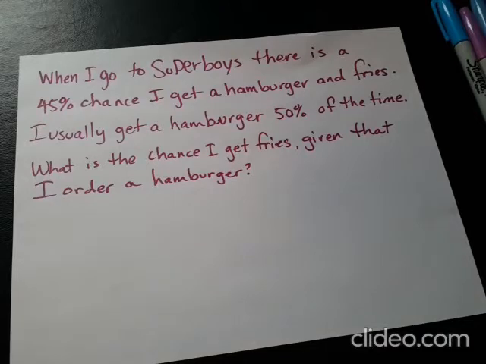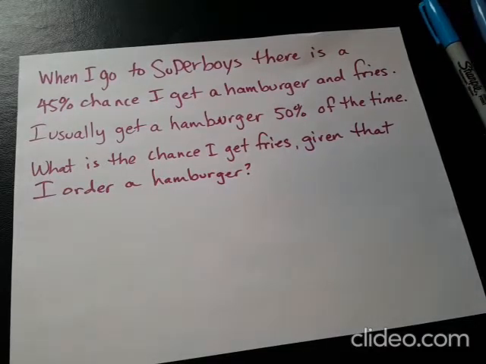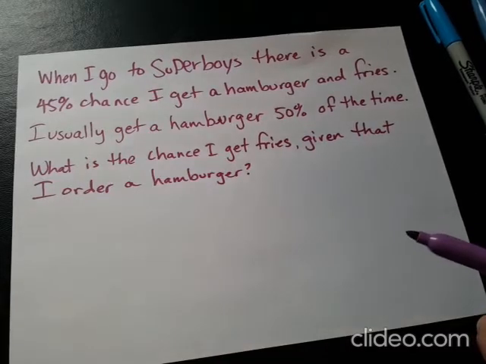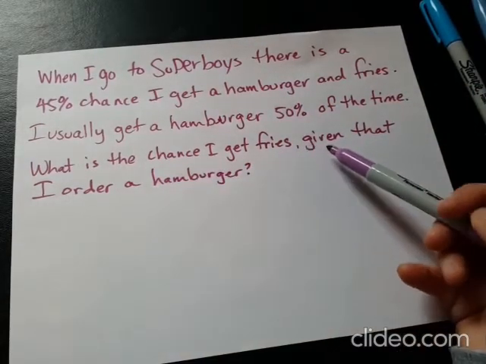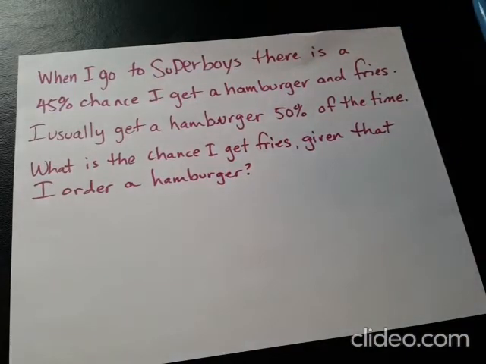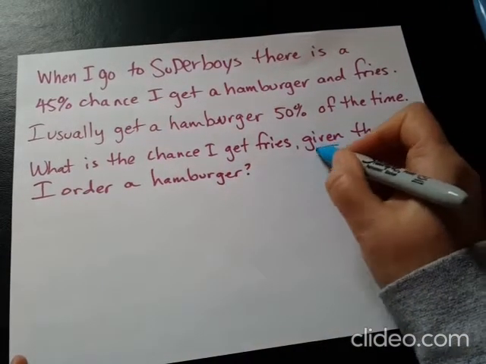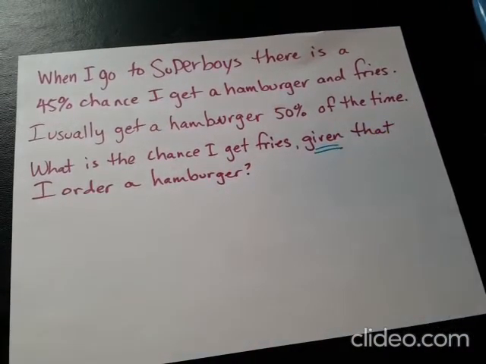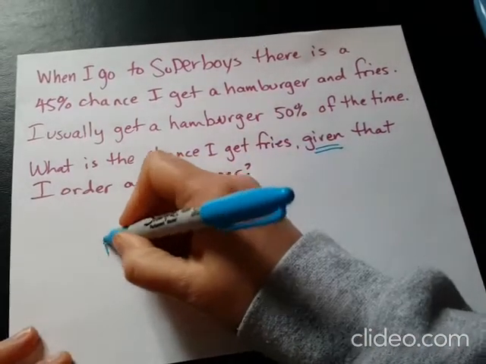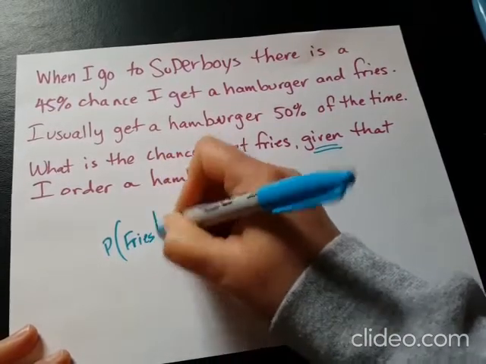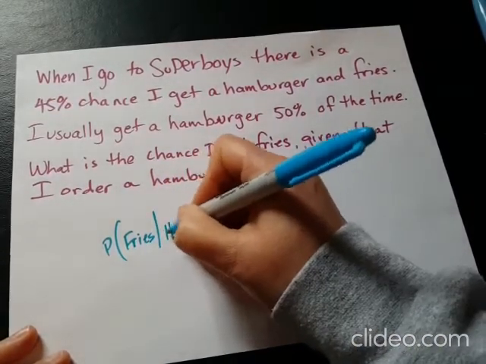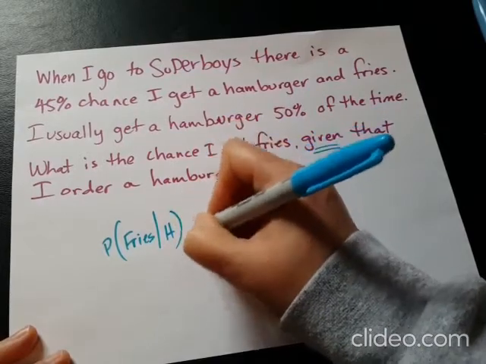And I just want to point out some keywords, some things that are sort of red flags for us. Here we're going to be looking for the chance of ordering fries given that I have ordered a hamburger. So the given part is what we're looking for. So we're saying, what's the probability I'm ordering fries given that I've ordered a hamburger already?